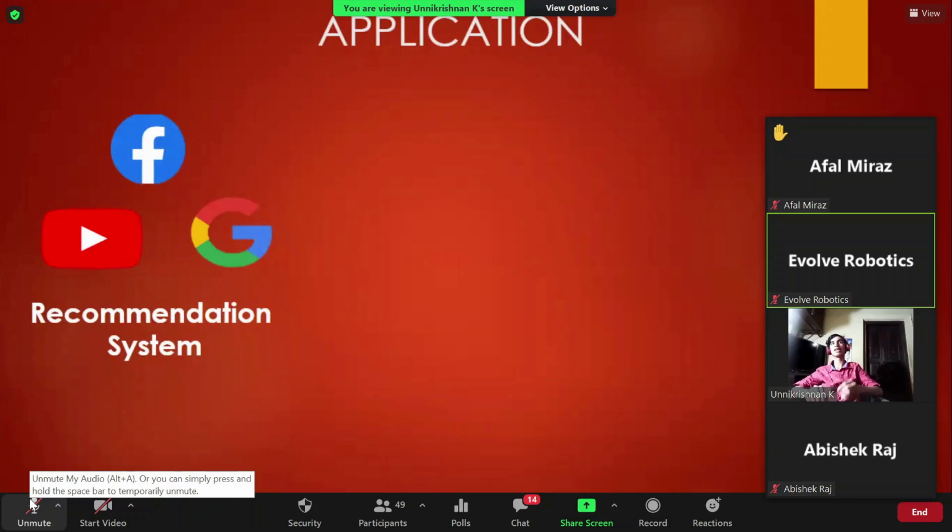Then wherever I go, whichever website I see, or whatever I search in Google, I can see many advertisements pop up on my screen related to the product that I checked on the e-commerce website. I can see many suggestions about different kinds of shoes from Nike. This is nothing but because of data science.